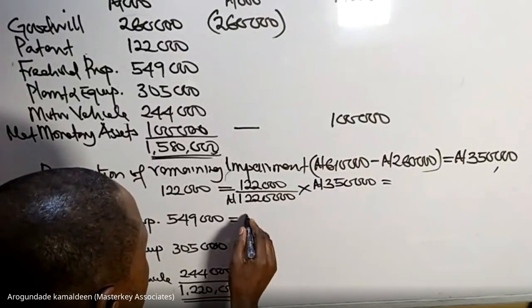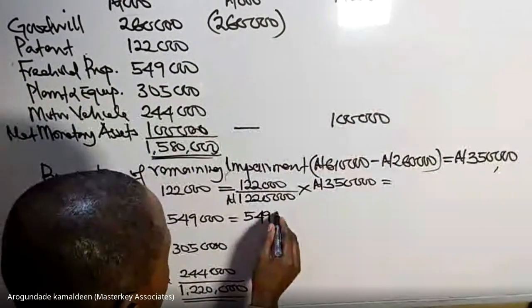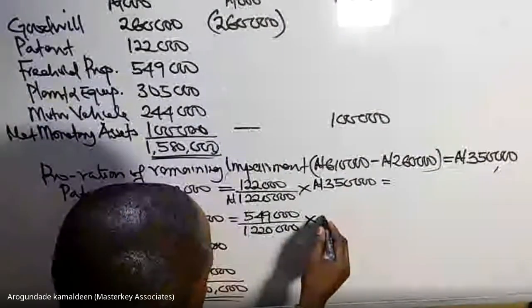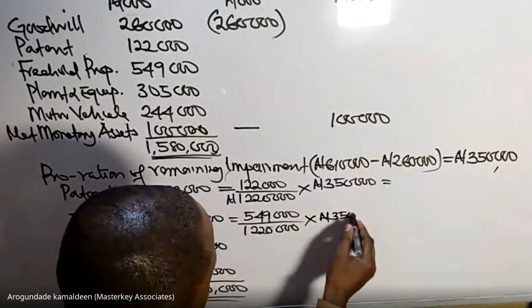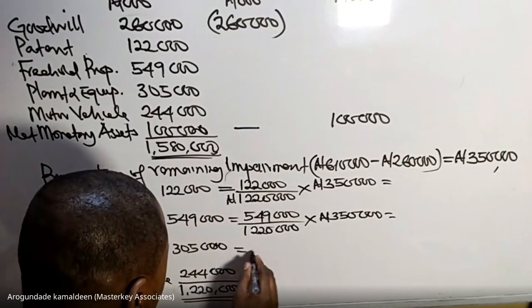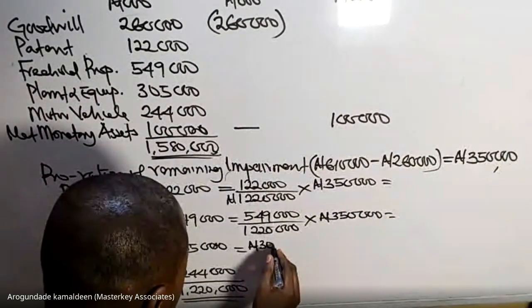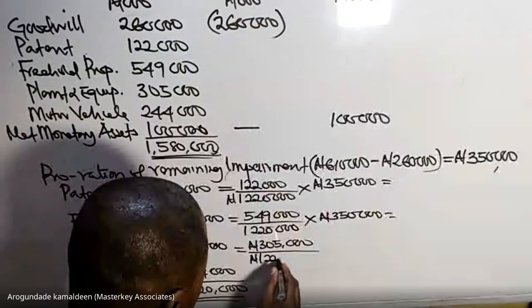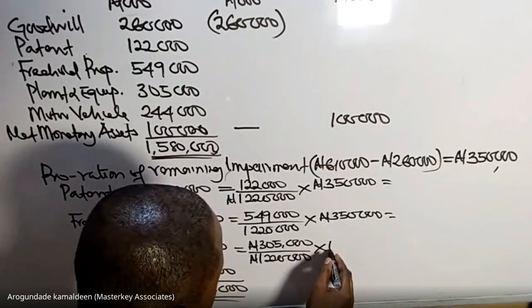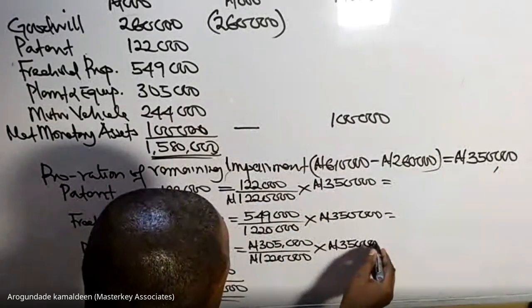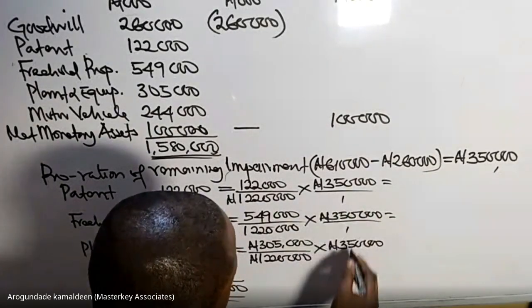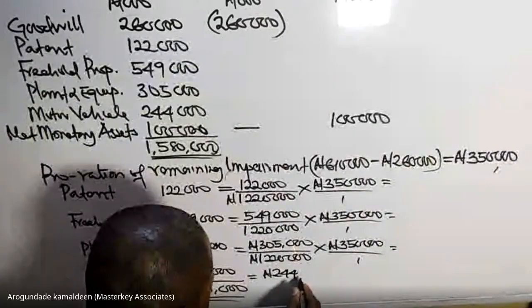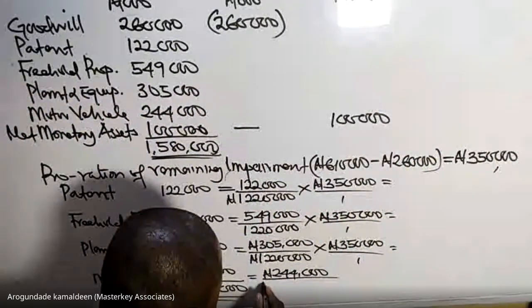Then the value of this, 549 over 1,220, times the remaining impairment. And so on for the last one.